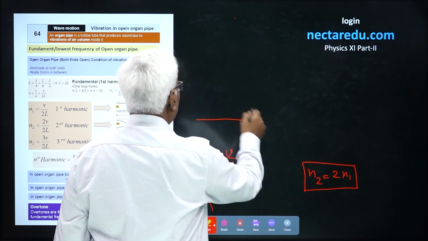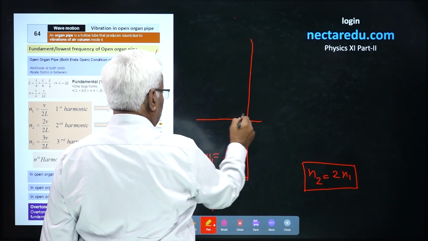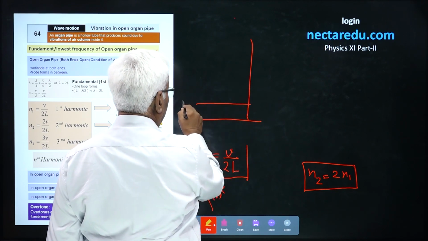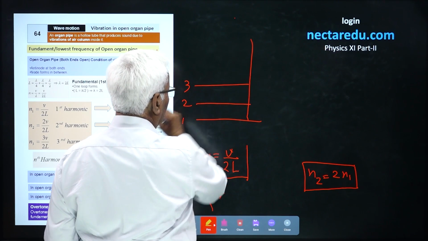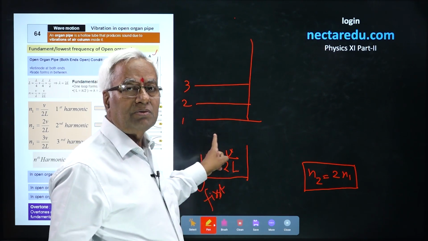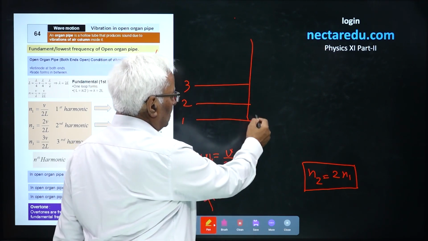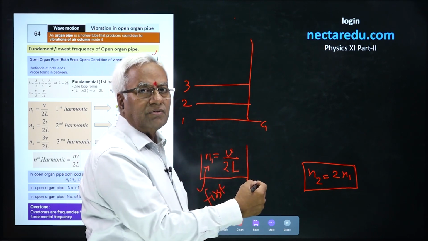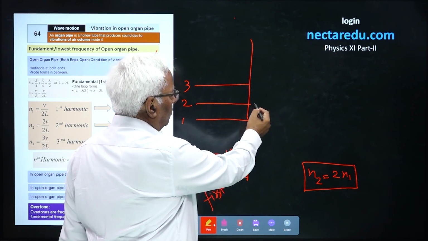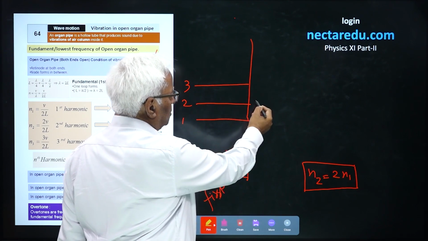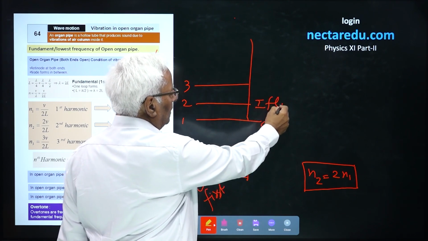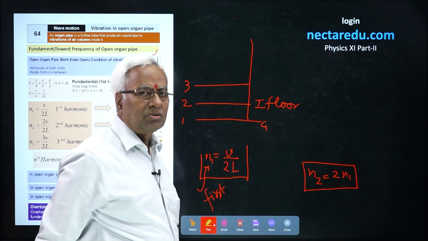Story wise, you always start from first, second and so on. This is first story at ground level, but this is ground floor. When you start counting floors, then you start from the second story, that becomes the first floor. Same pattern is here also.